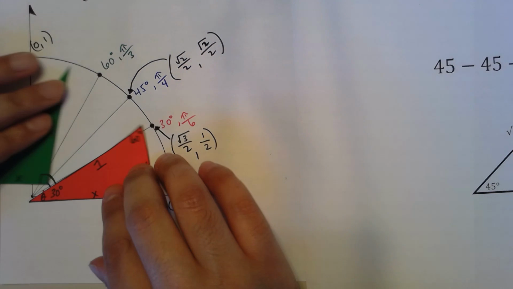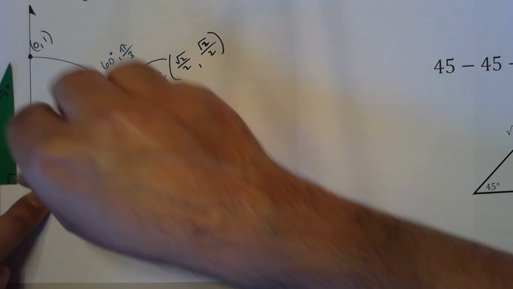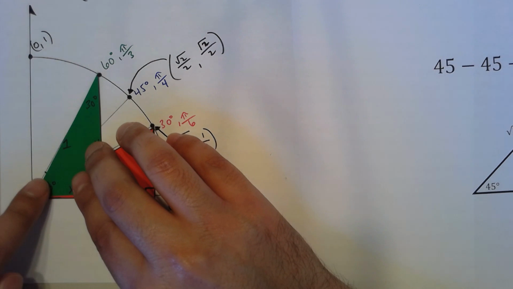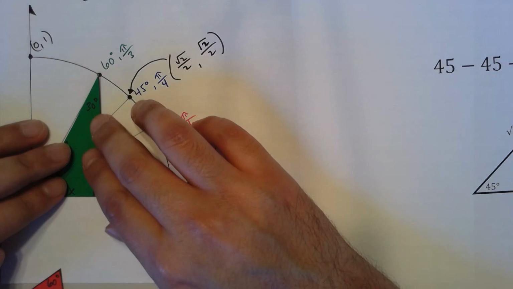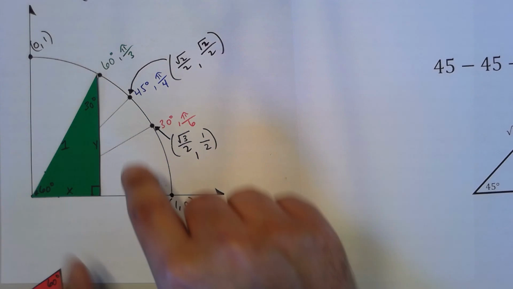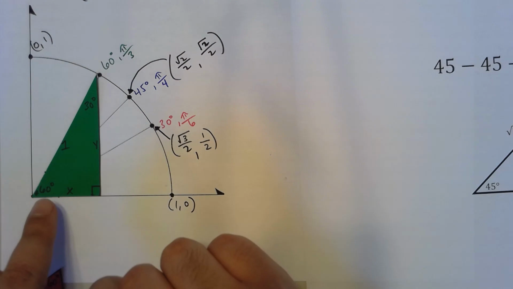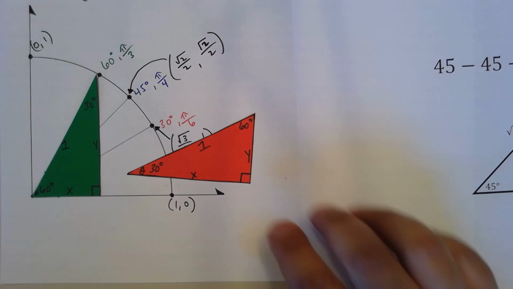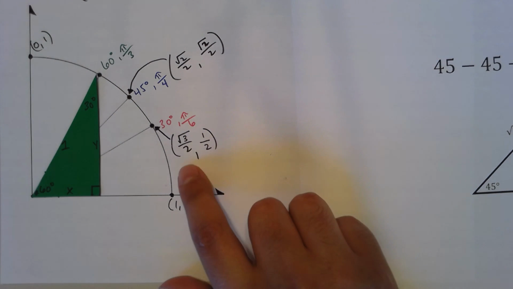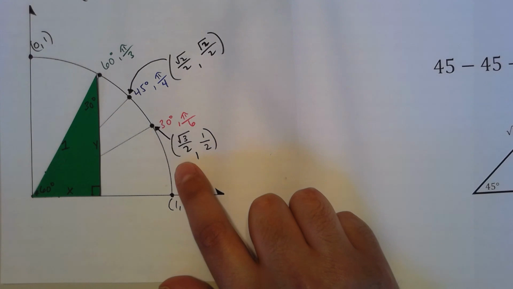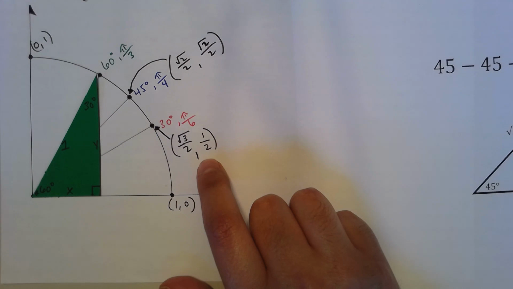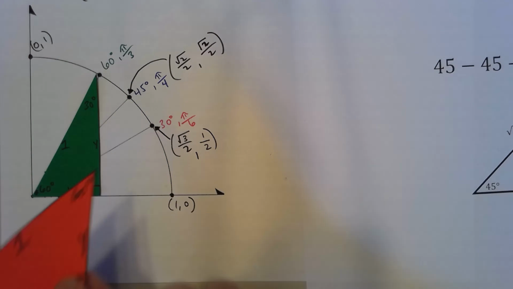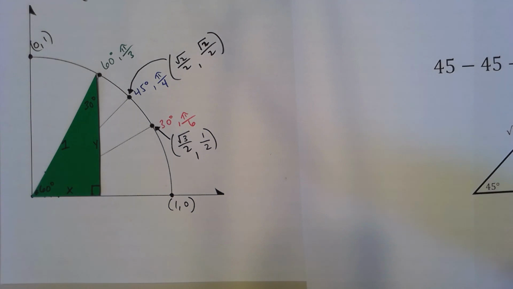This one right here, the red, looks like that. This one here is just rotated, but it has the same dimensions. It has 30, it has 60, and it has a 90. So it's also going to have the same exact measurements as when the center angle was 30, except they're just going to be reversed.